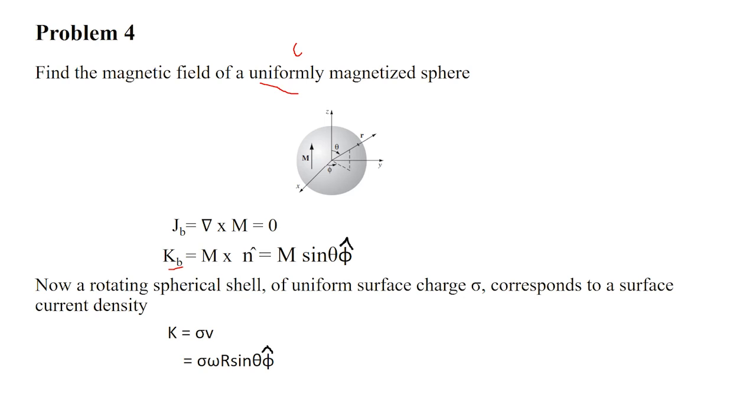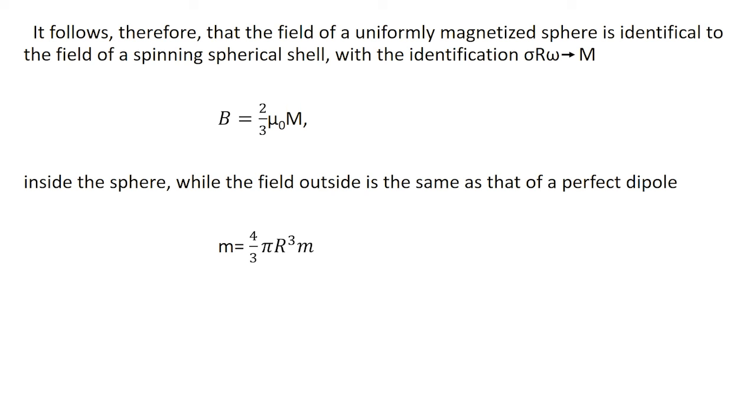Now a rotating spherical shell of uniform surface charge sigma corresponds to a surface current density K equal to sigma v, which can be written as sigma omega r sin theta phi cap, where sigma omega r will be equal to M. It follows that the field of a uniformly magnetized sphere is identical to the field of a spinning spherical shell with the identification sigma r omega equal to M.